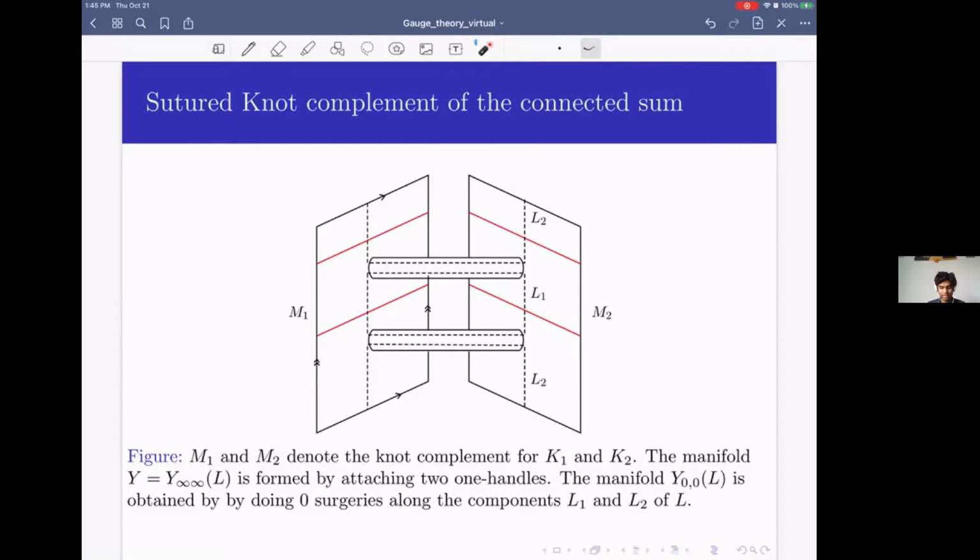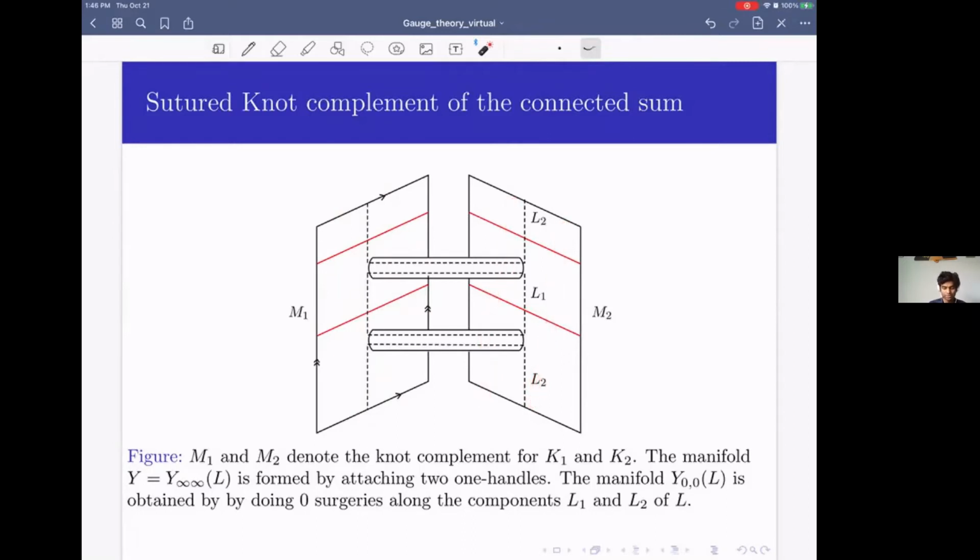The first question one can ask is, how can one naturally form the connected sum of the knot complements? To do that, what we really need to do is identify the meridional annuli on the left with the meridional annuli on the right.